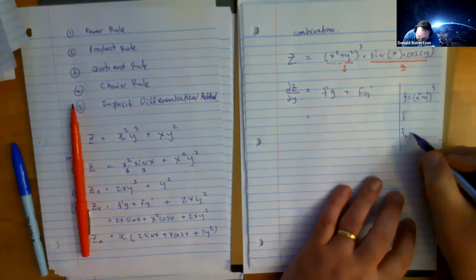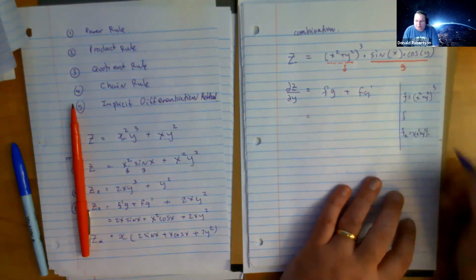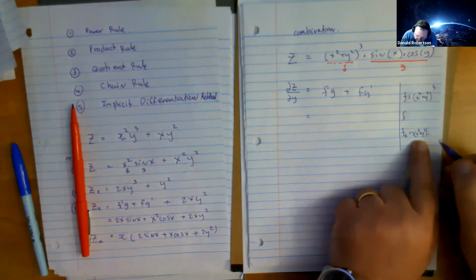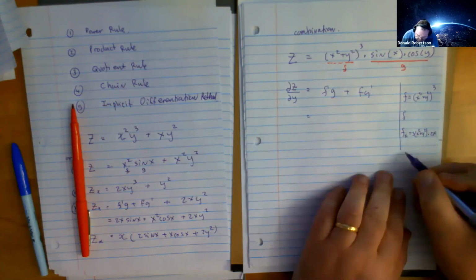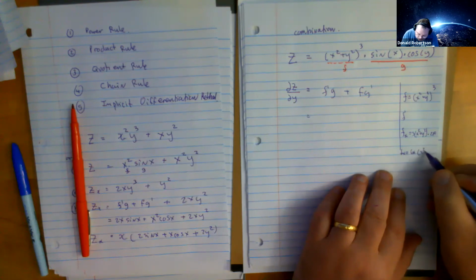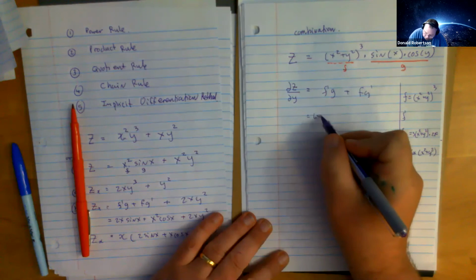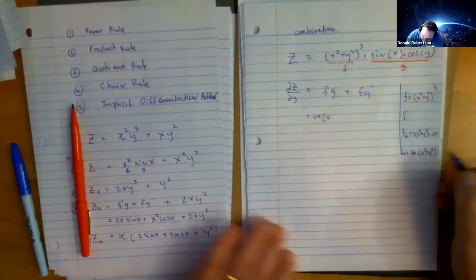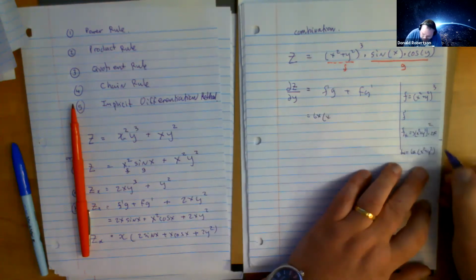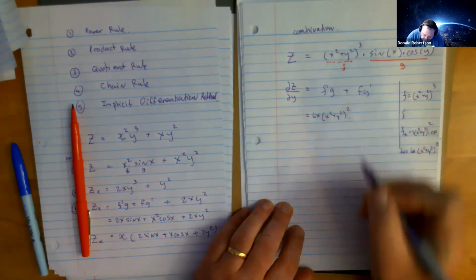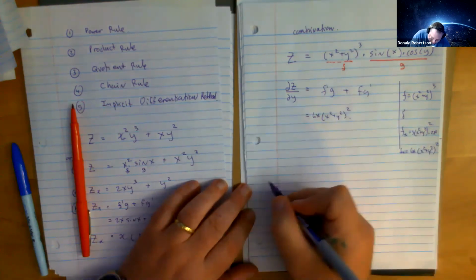You're going to get 3 lots of x squared plus y squared, times the derivative of x squared plus y squared, which happens to be 2x. So you are going to get 6x times x squared plus y squared, squared. So f dashed is 6x (x squared plus y squared) squared, times g. Oh, let me rewrite it.